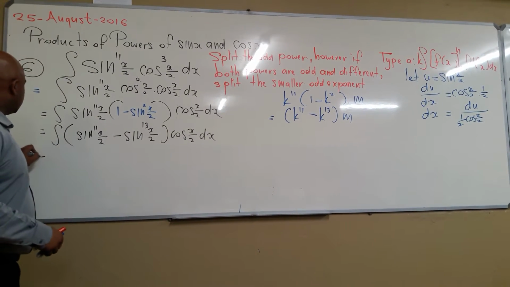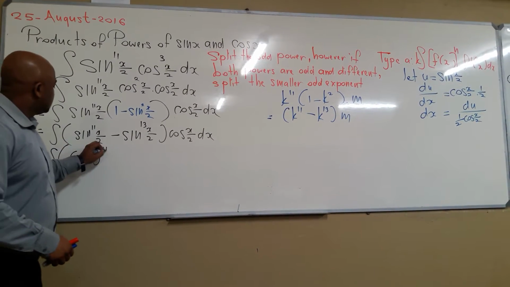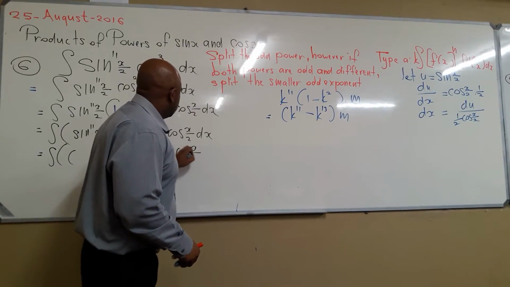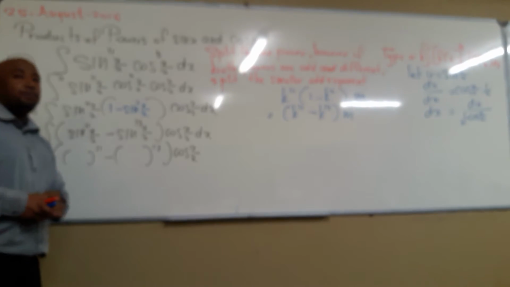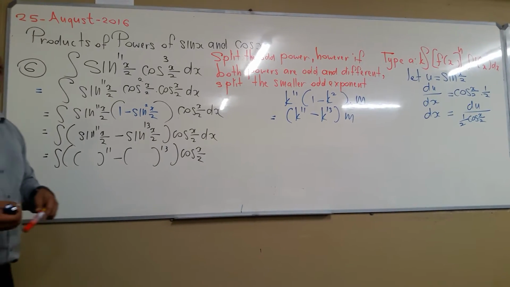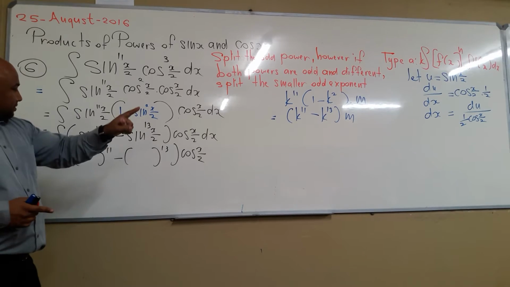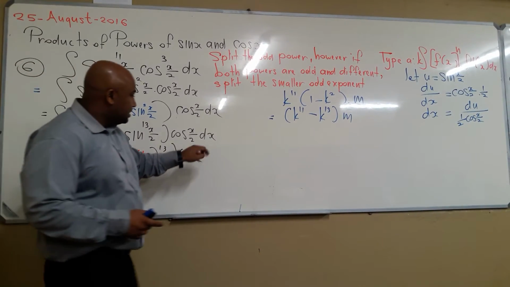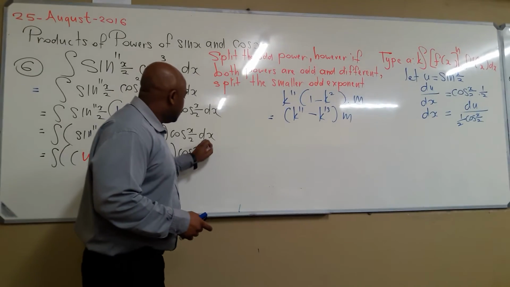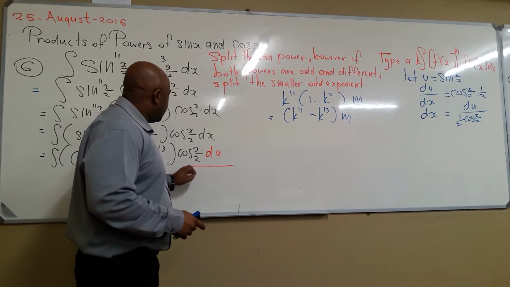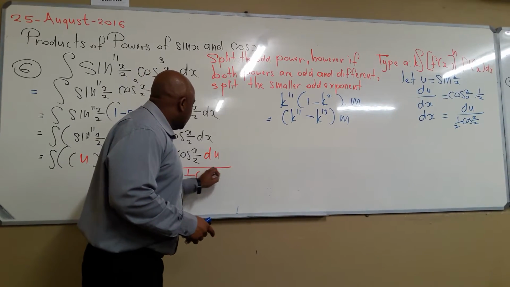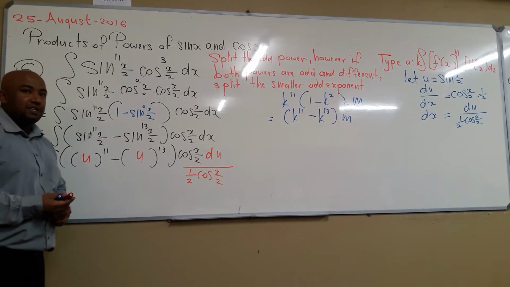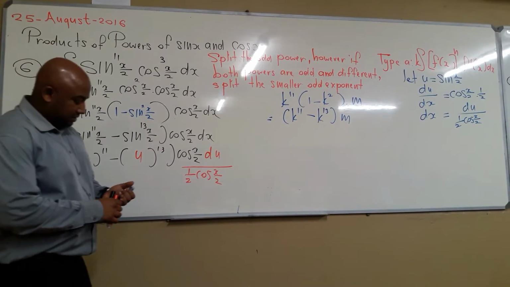Substitute. So all I'm doing is replacing sine with u. So in place of sine, there's my u there, what else? I replace dx with du all divided by half cos of x over 2. You can see the exact derivative must cancel. If it does not cancel, you made a mistake.